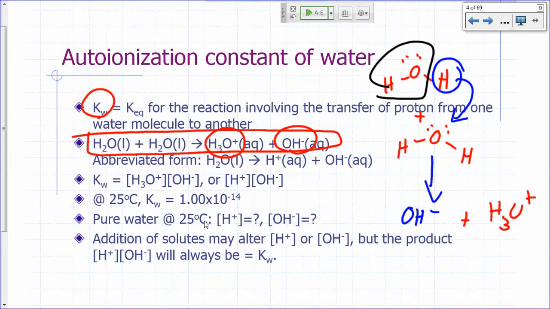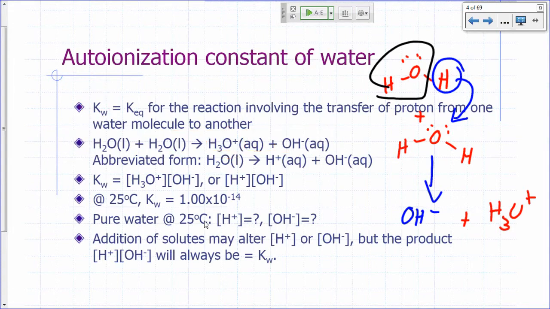This reaction occurs to a very small extent, but it does occur. It's significant enough to make a big impact in a lot of systems, especially living systems. This is what's known as autoionization, because it just happens in water automatically.